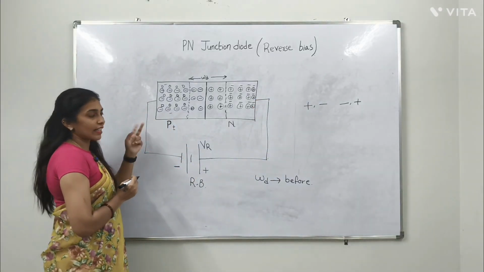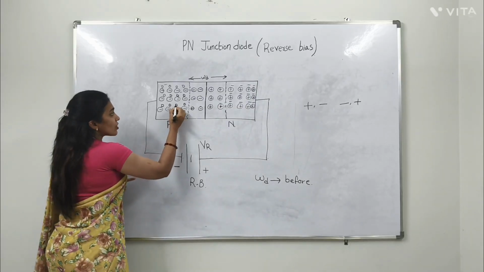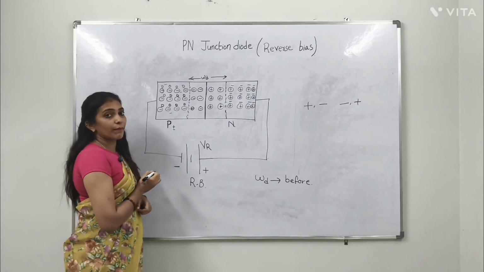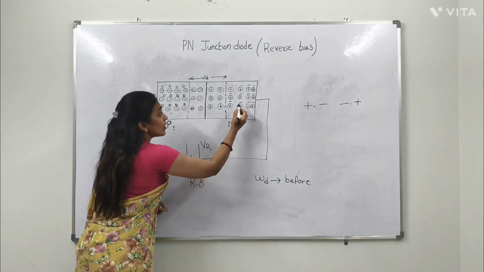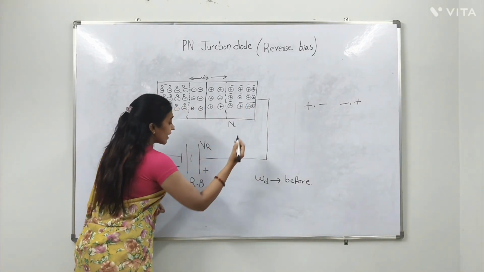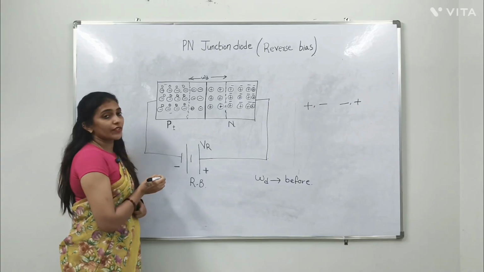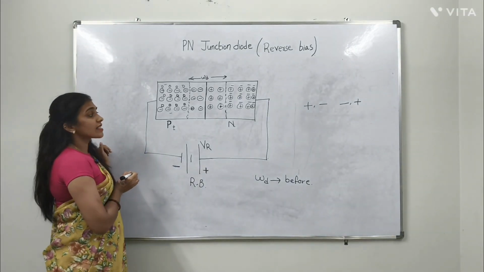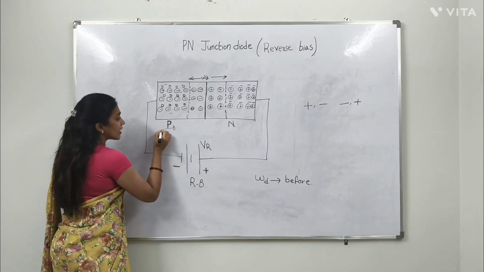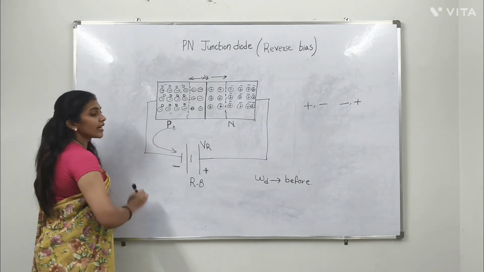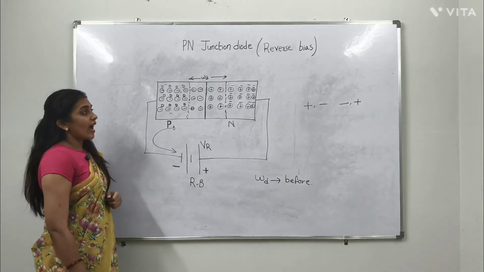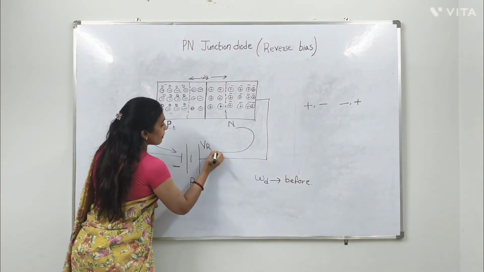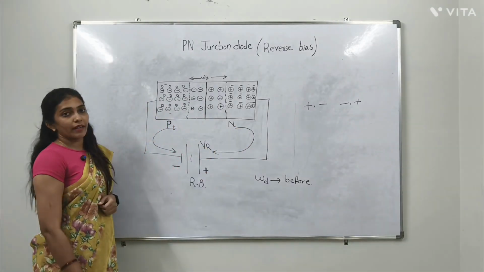Listen carefully: the positive charge of holes is connecting to the negative charge of the battery, and the negative charge of electrons is connecting to the positive charge of the battery. Then what happens here? Holes are attracted by the negative charge of the battery, and all the electrons are attracted by the positive charge of the battery.